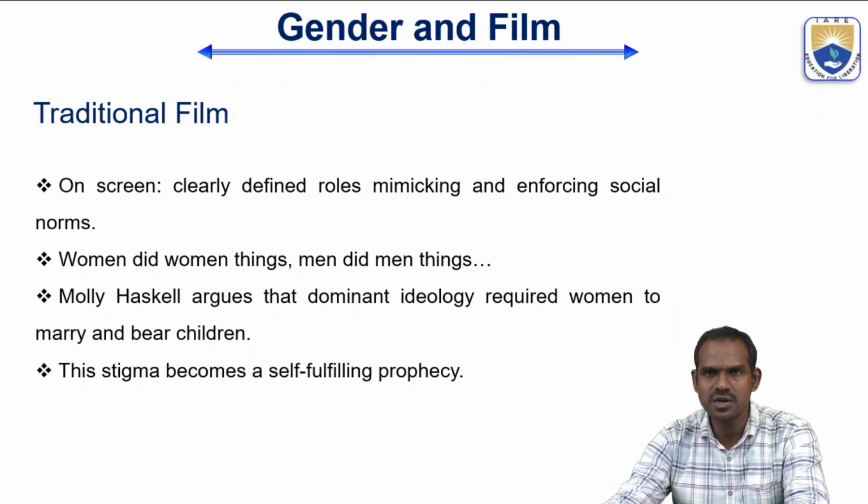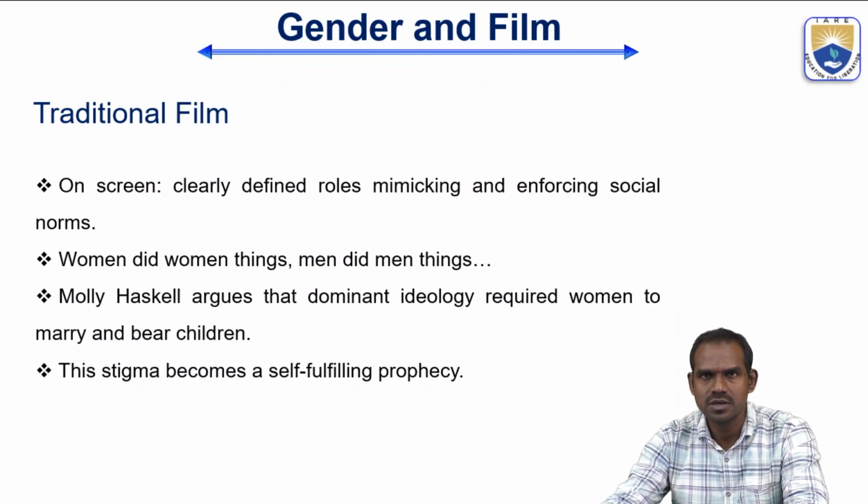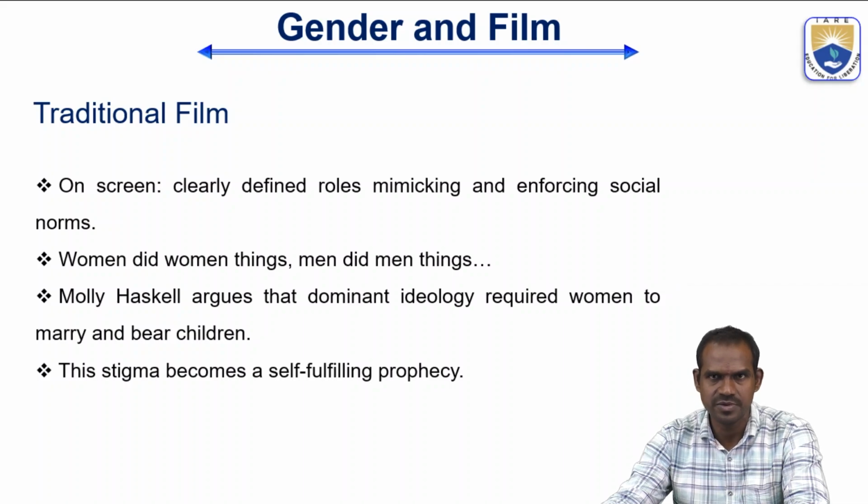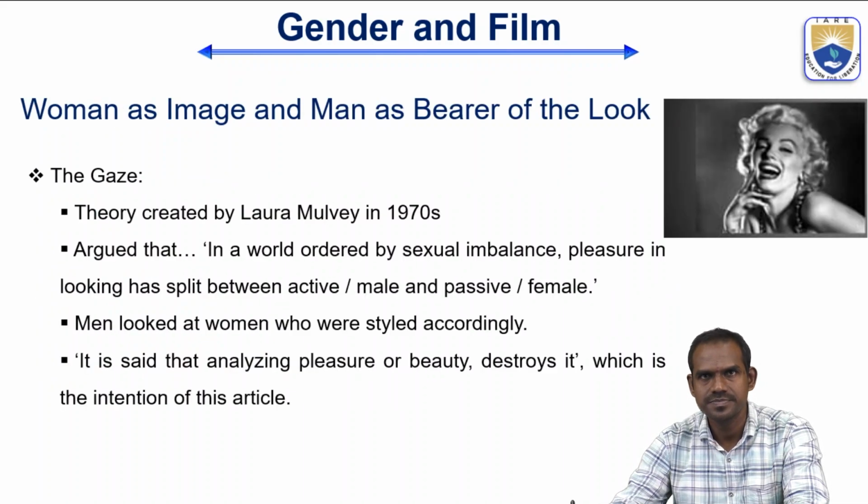But anyhow, women have to perform women's roles, men have to perform men's roles. So these are the traditional film strategies. On screen, they have to do clearly defined roles, mimicking and enforcing social norms. These are the norms of traditional film. And let's look at the next content.